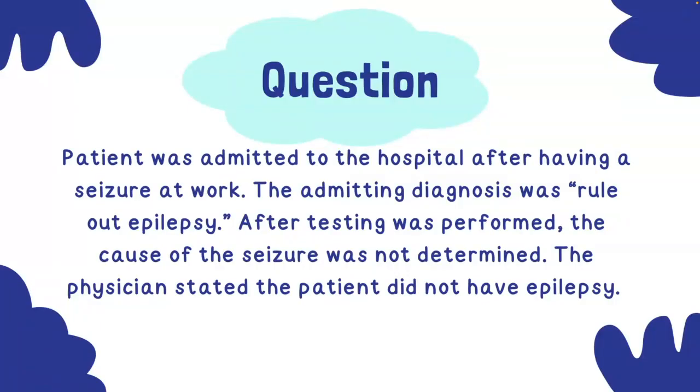All right. So in the scenario, the doctor said the patient did not have epilepsy. So the principal diagnosis is going to be seizure, because he ruled out the epilepsy. They didn't have it.